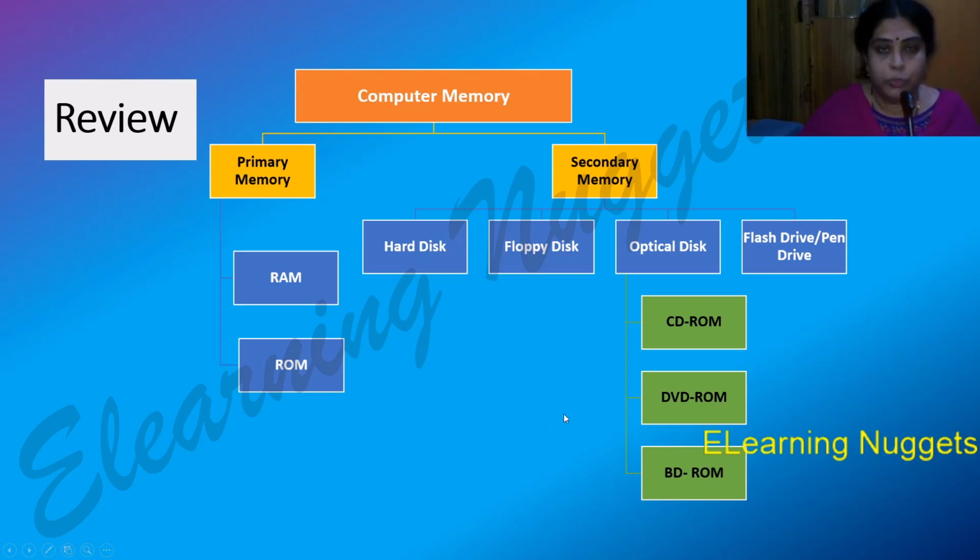As far as your first few portions are concerned, you should be aware of all these different types of memory, and also you should know the acronyms, like the full form of CD-ROM, the full form of DVD-ROM, and the use of primary memory. Give two examples of secondary memory, give two examples of primary memory.